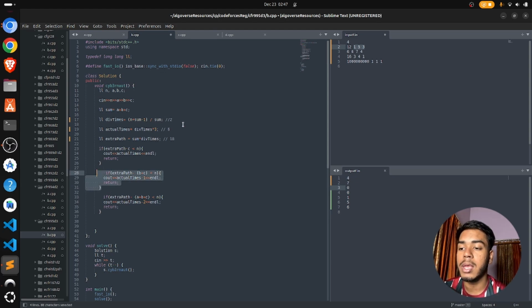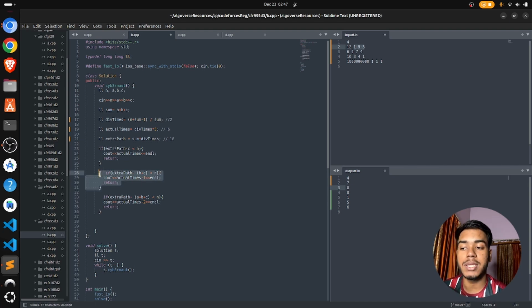Why? Because 18 minus c, which is 3, is 15, which is greater than your 12, but 18 minus b plus c is 10, which is not greater than your 12, which is lesser than 12 in fact.